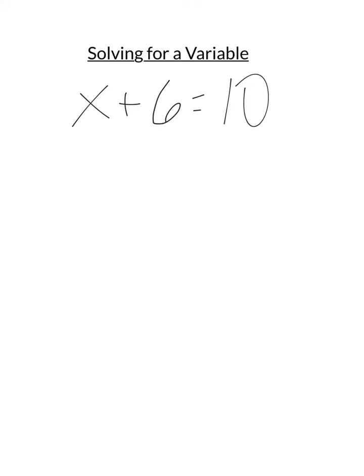So the best way to think about these kind of algebra problems is to picture you're on a scale or a seesaw, okay? So this is my seesaw, and I have some number, and I'm just going to put a question mark. You don't know what it is.